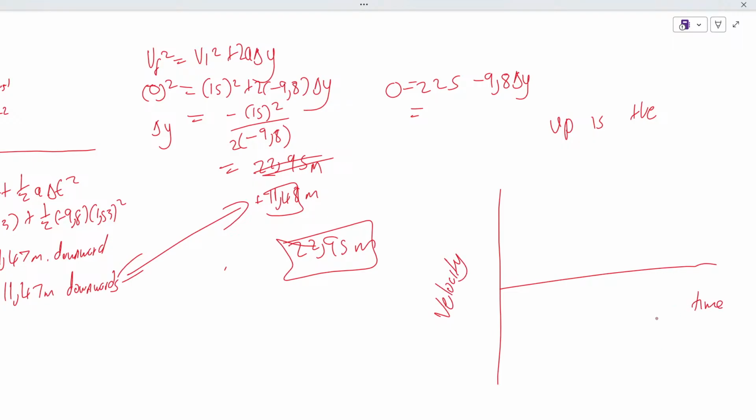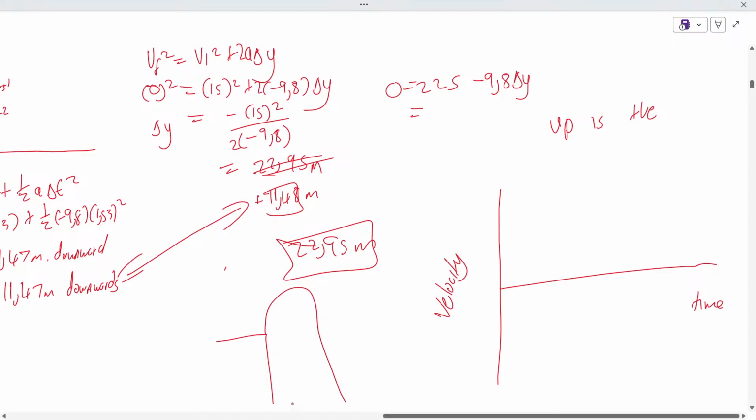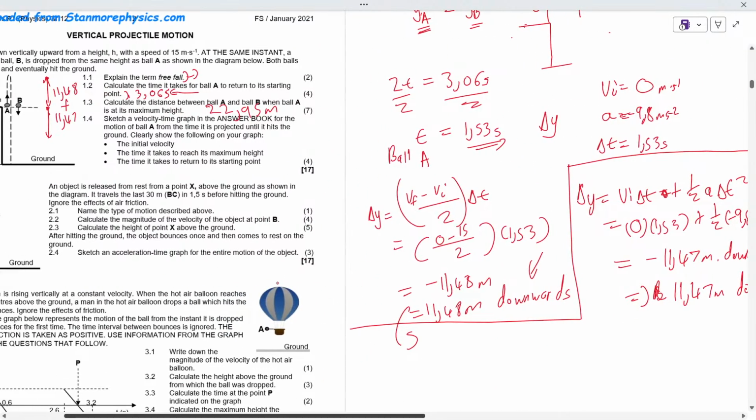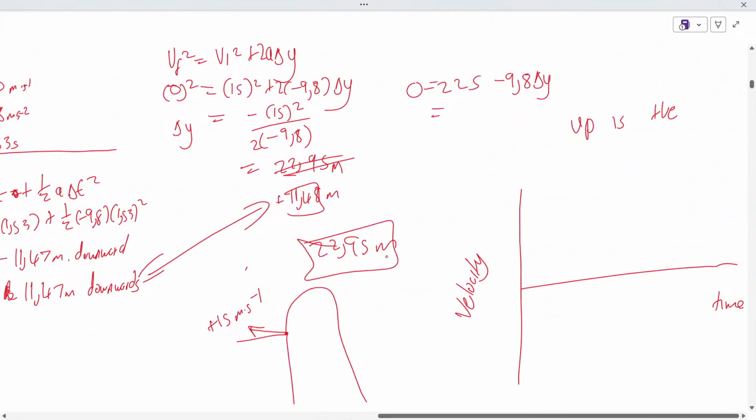Because ball A when it starts is projected upwards, then it comes down. So they need the initial velocity, which is plus 15 meters per second. Then they ask for the time of the maximum height, which is 1,53 seconds.